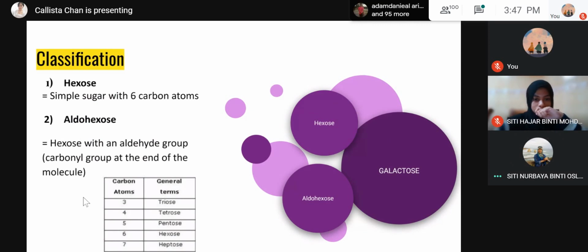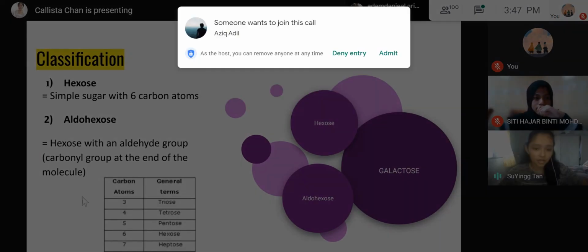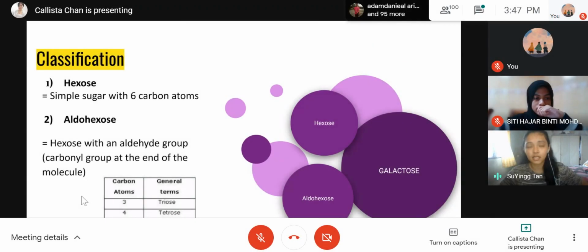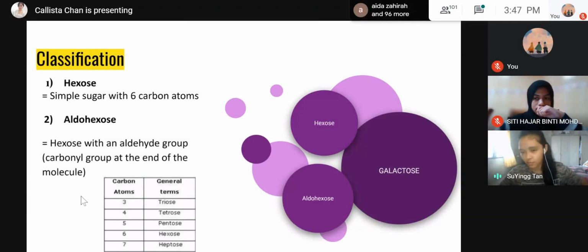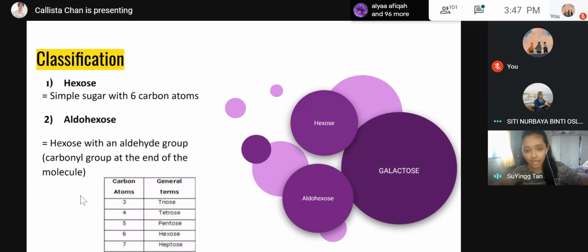Alright guys, I'll continue with classification. Galactose can be classified under a few different types. First is of course monosaccharide, as we know. Second, it can be classified as a hexose. This is quite straightforward: ose stands for simple sugars and hex stands for 6, which refers to carbon atoms.